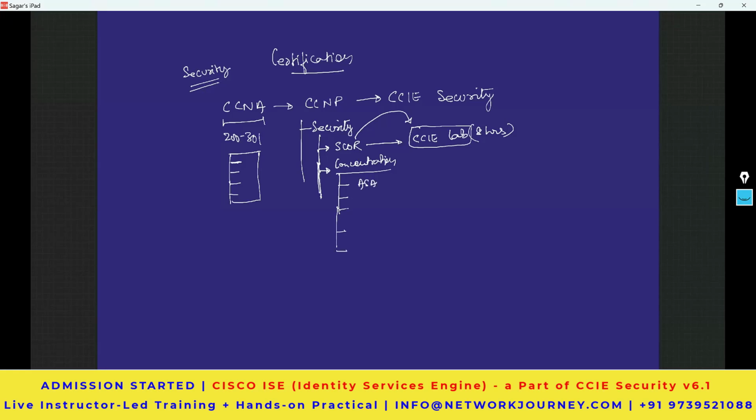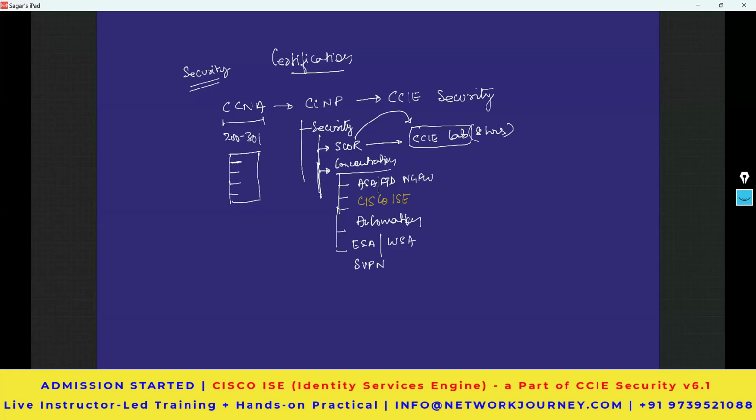You have ASA, FTD, which is next-gen firewall, and Cisco ISE being one of them. This is where the Cisco ISE paper comes. And so on. You have something for the automation track, for email security appliance, web security appliance, and SVPN.